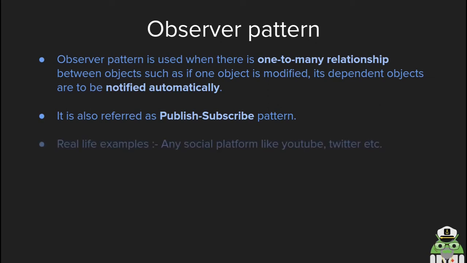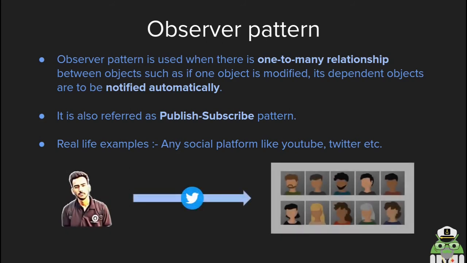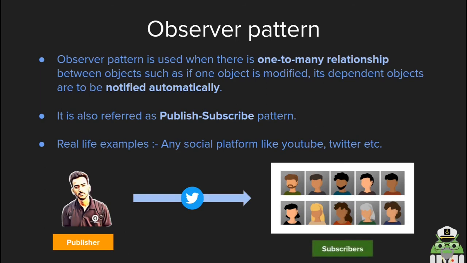We can see real-life examples on any social media platform, like YouTube, Twitter, Facebook. Let's take an example. If I'm on Twitter and you are following me, if I tweet something you will get notifications, right? In that case I am playing the role of publisher and you are playing the role of subscriber, and the connection between publisher and subscriber is to subscribe, to follow me.